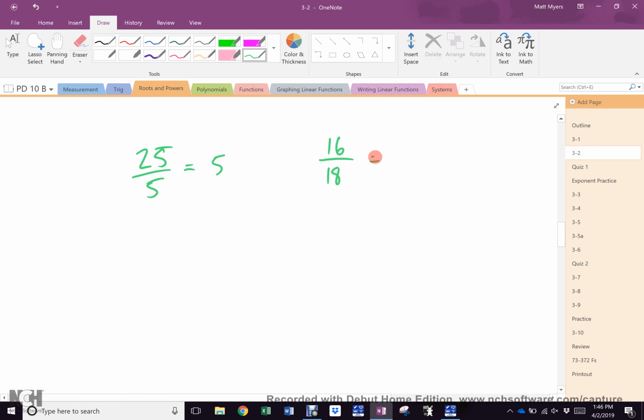That is 8 over 9. Why? Because you're simplifying, right? There's no exponents here. This is stuff you learned in grade 4. Do you get to forget about it? No. Okay, so we're comfortable that that is 8 over 9, right?